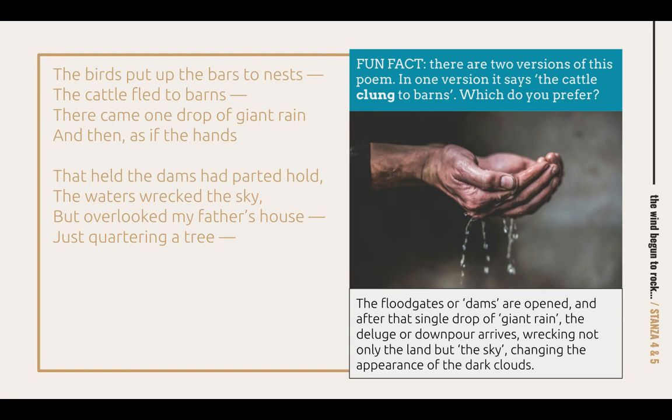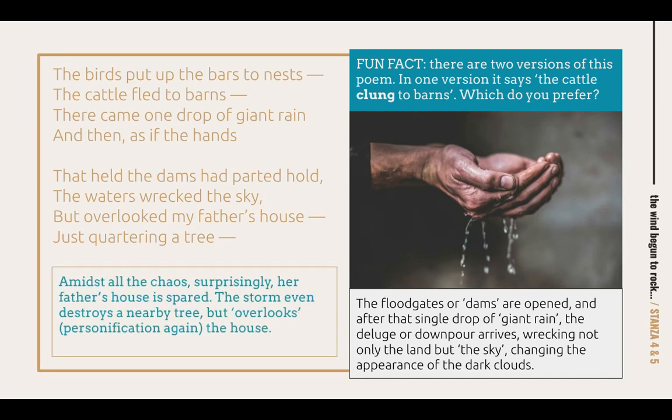And then we have the last two lines, which are quite interesting because the poem just ends. It ends on a dash, and it ends with the storm sparing her father's house. So you've got all this chaos. You've got the wind, the dust, the rain, the deluge, and then it overlooked my father's house.